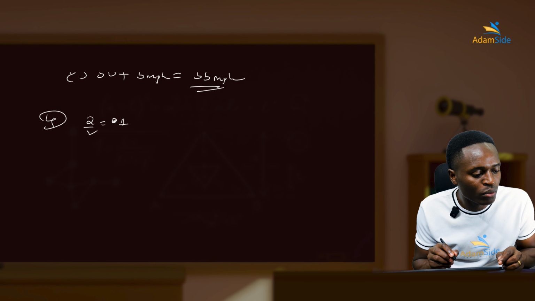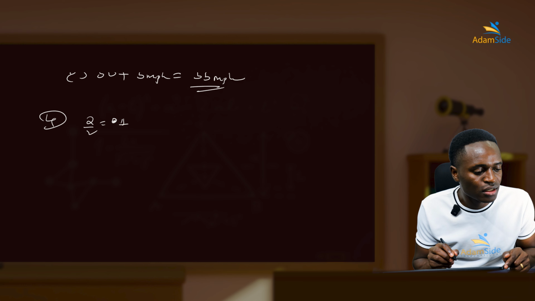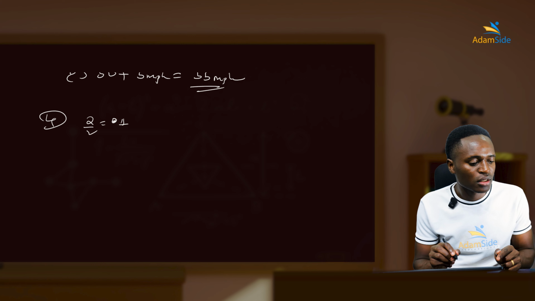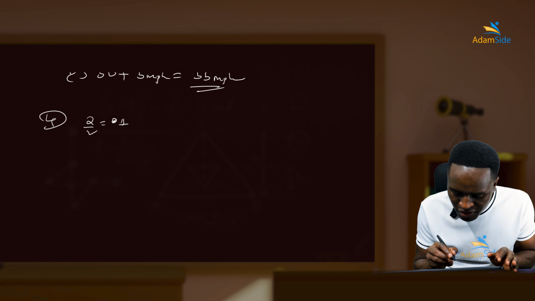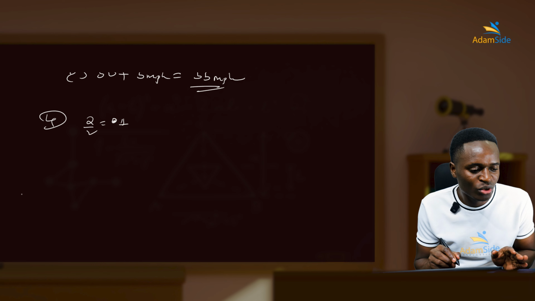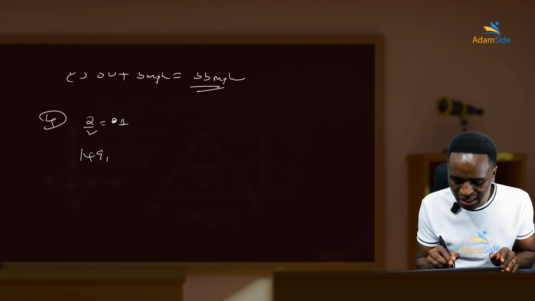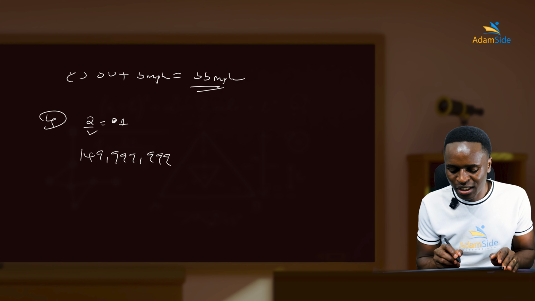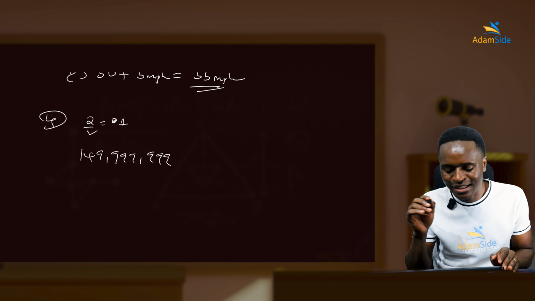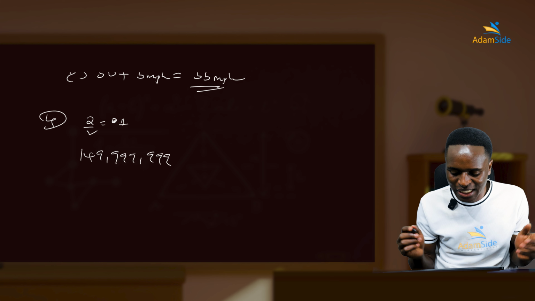Therefore, to get the lower bound distance, you take 150 million minus 1. So 150 million minus 1 gives 149,999,999.